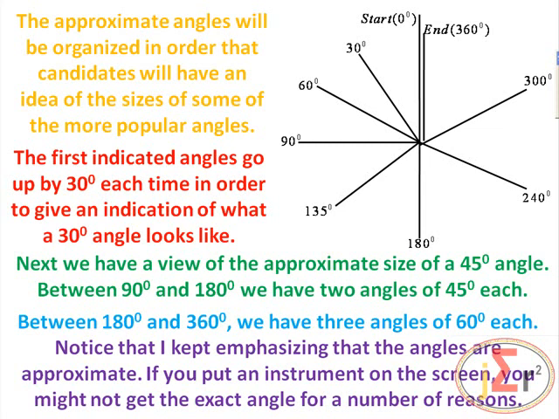If it is a wide screen, then it is going to be different from a normal, approximately square screen, although we know it's not exactly square. The dimensions and the shape of the screen is a contributing factor to what the angles will actually be. So you should not measure those angles on the screen, because you will quite likely not get the same angle that we have represented there.